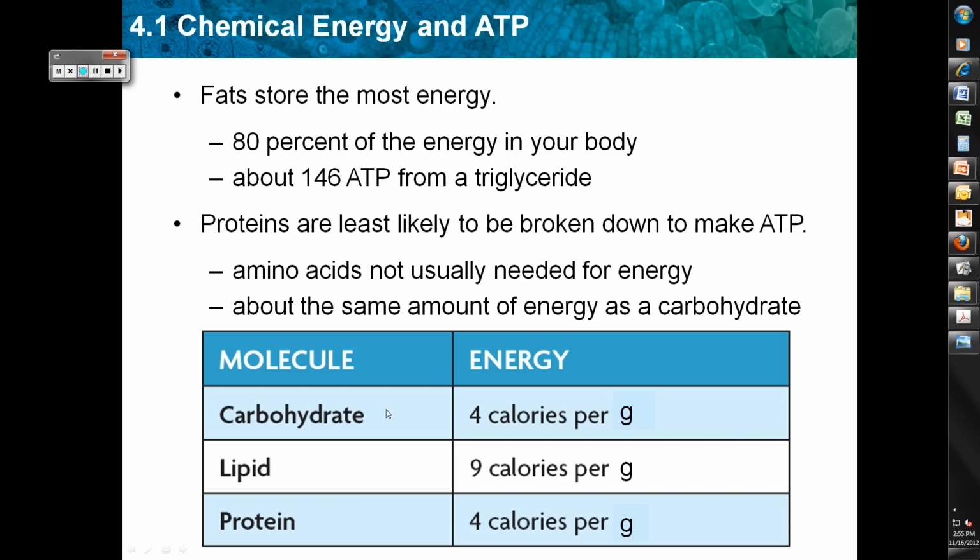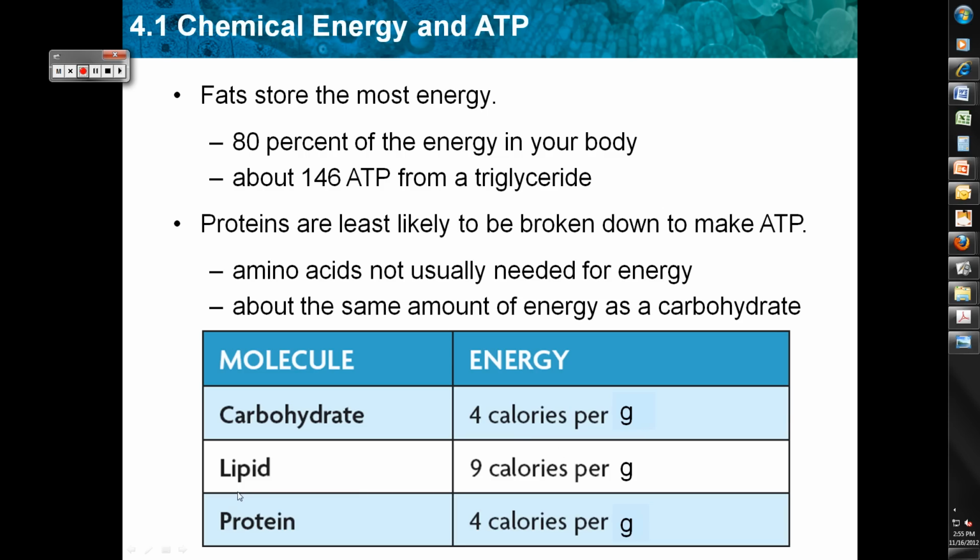Carbohydrates can also be in cereal. So think about corn, wheat, grains, vegetables, sugary snacks, rice crackers, all those are carbohydrates, and the carbohydrate portion of that food that you eat gives you 4 calories that you can turn into energy per gram.